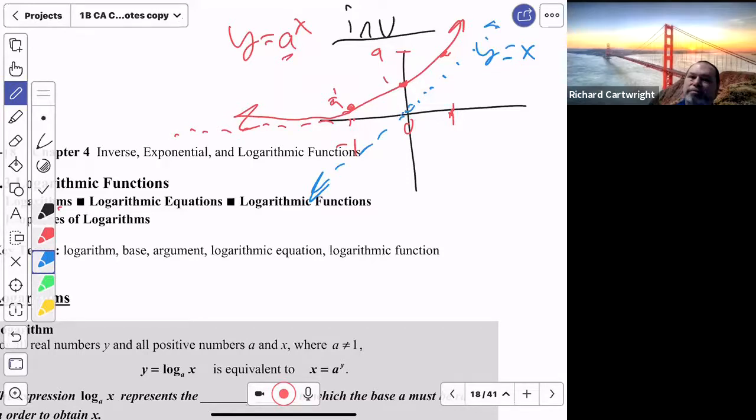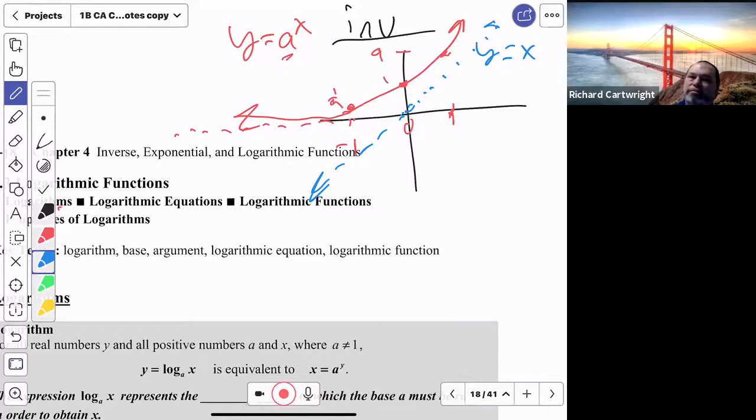Great to hear. So across this line, y equals x, is the inverse of this red function. And it'd be cool if somebody in this room remembered what happens over this y equals x line. Anybody remember what happens? What does the inverse look like?